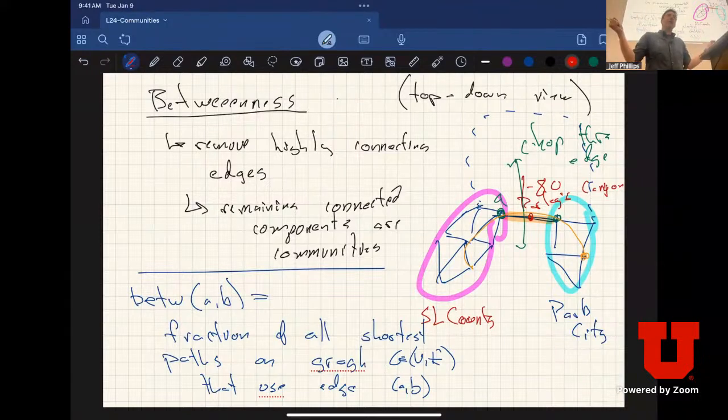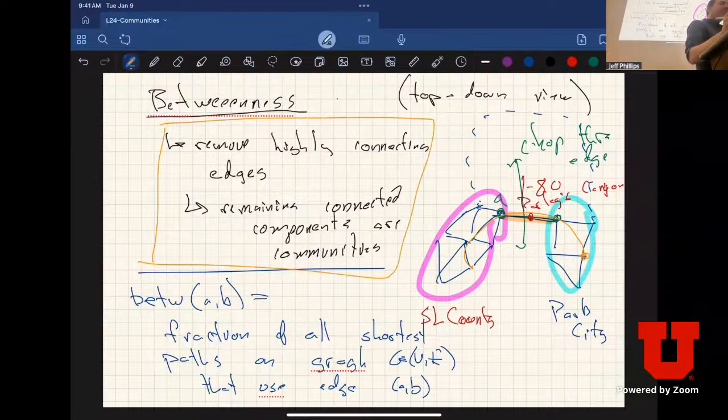Once I've removed those, then the connected components left over are going to be the communities, and that's this strategy here. So remove highly connecting edges or elements, and the remaining connected components are the communities. What else have we used that could be used directly in the same strategy that we talked about?